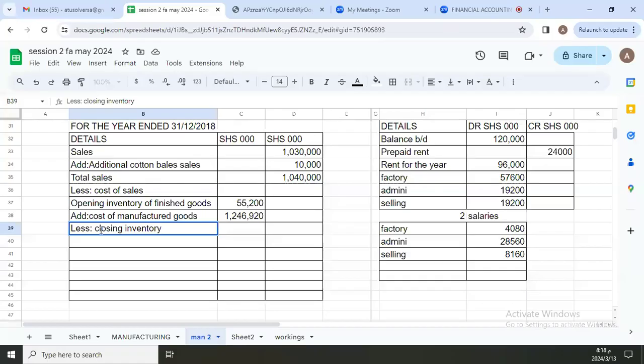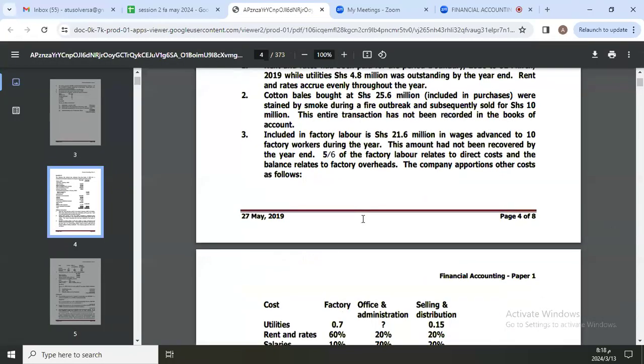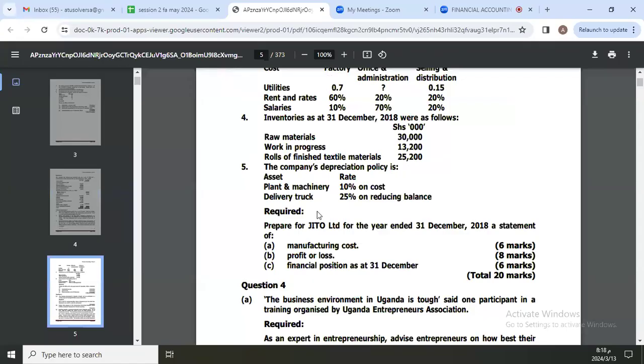When we less our closing inventory, how much is our closing inventory? You check here under note 4, rolls of finished goods textile, which is 25,200.